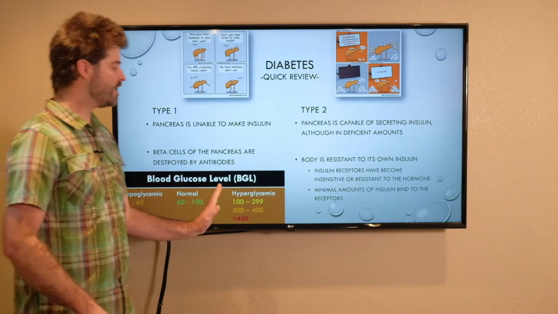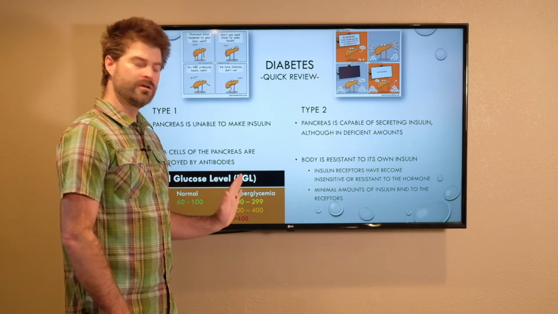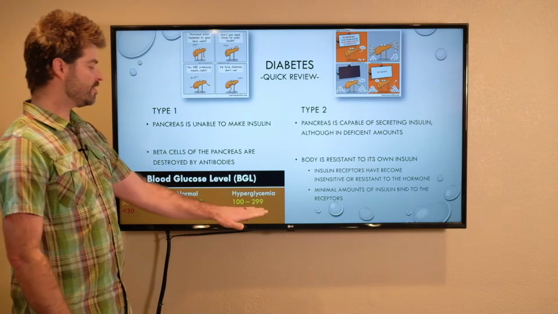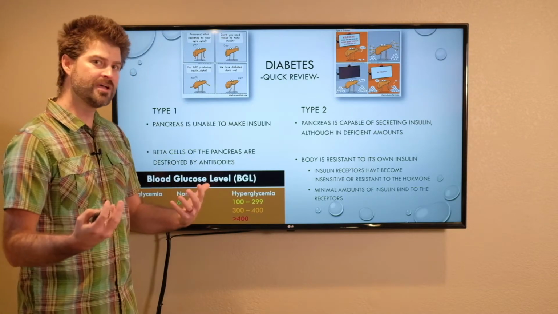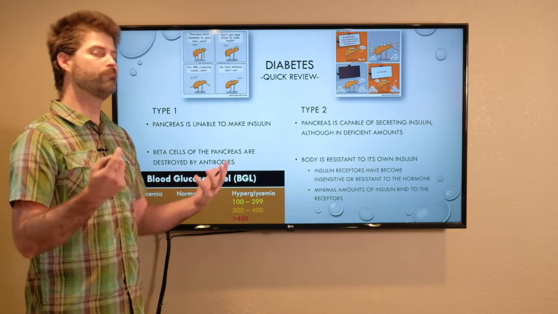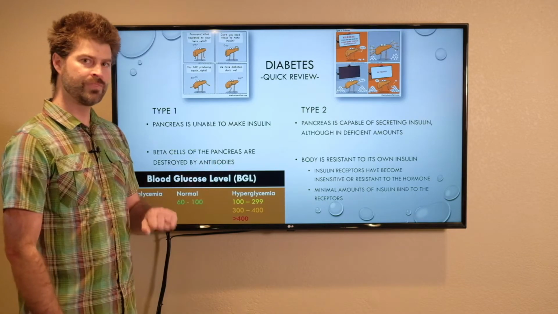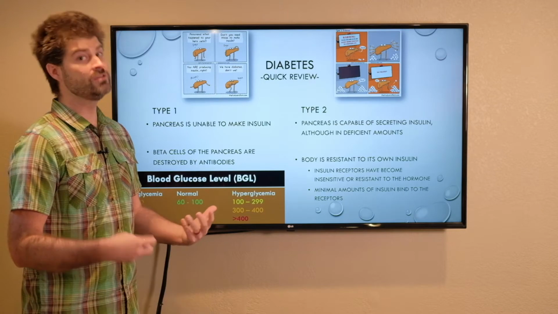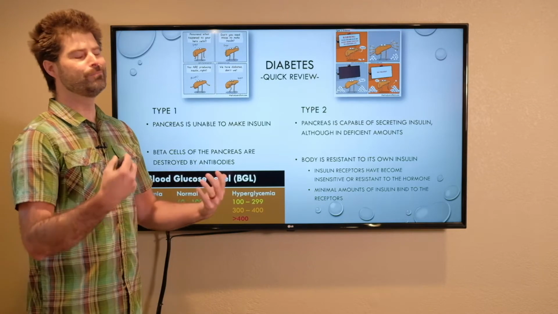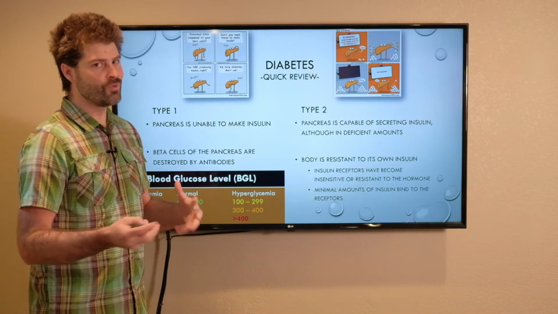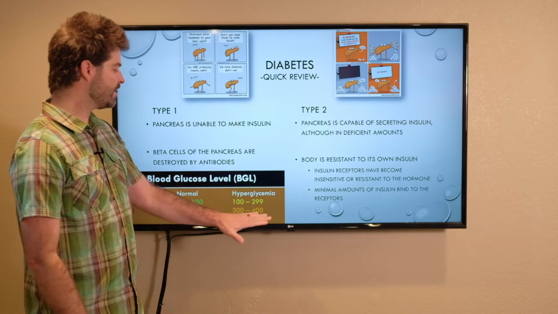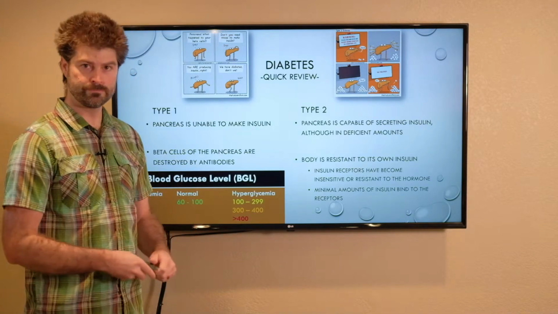For hyperglycemia, we're going to be looking at ranges, our yellow zone, where it's like, okay, you got my attention, it's not normal, but like, okay, is about 100 to 299. Our orange zone, where it's like, you got my attention, but you're probably not going to be dying or doing anything weird on me anytime soon, is going to be 300 to 400.